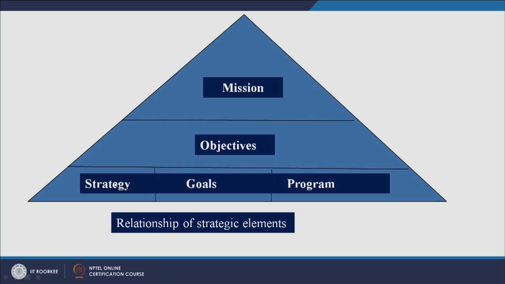You can fulfill those strategies through goals, and goals can be achieved through programs, and programs can be achieved through projects. So, there is an indirect relationship, we can say, between strategy and projects. So, we will take up an example.